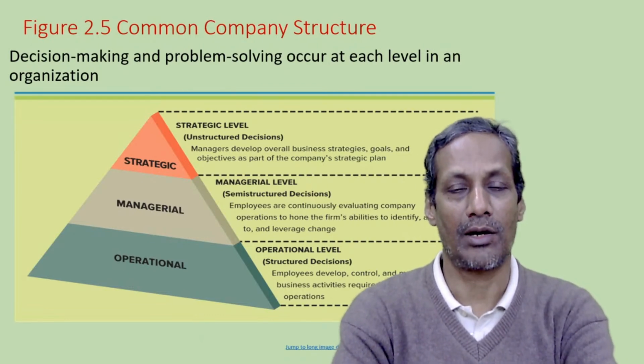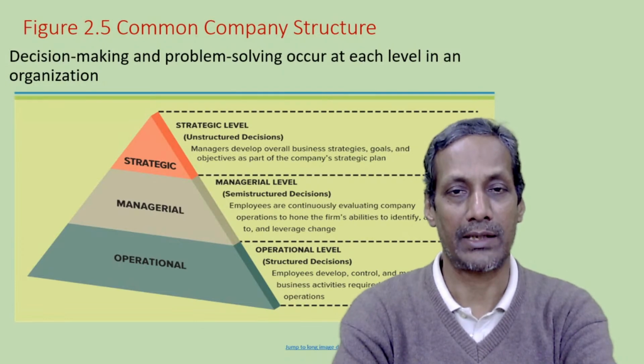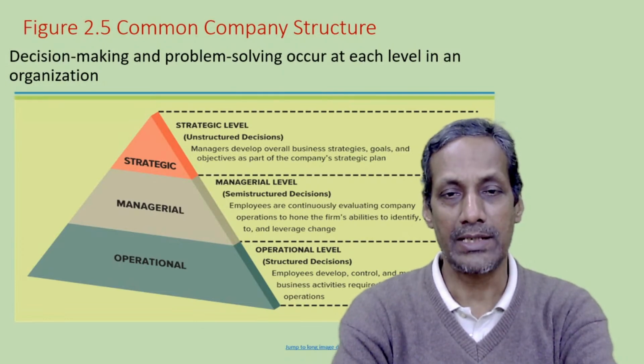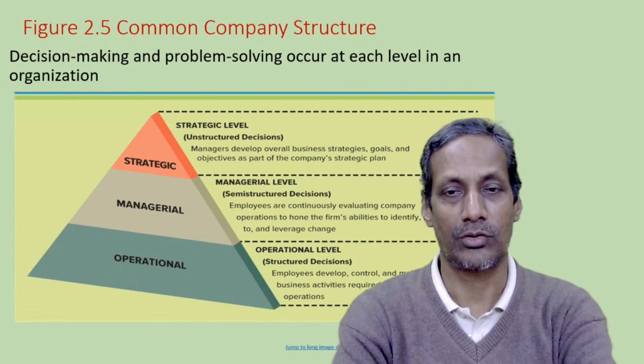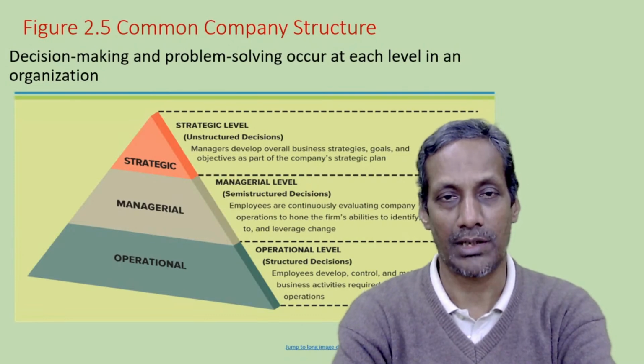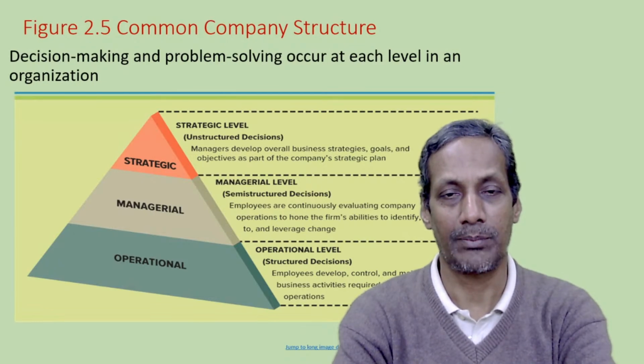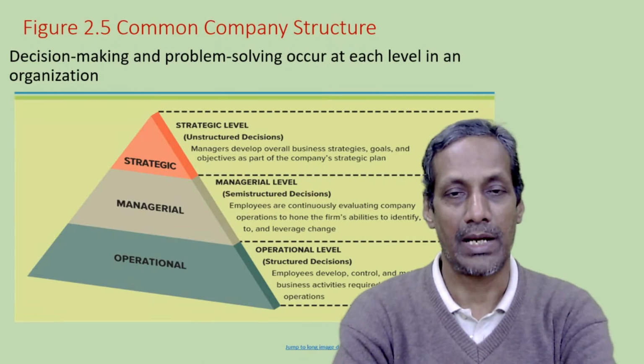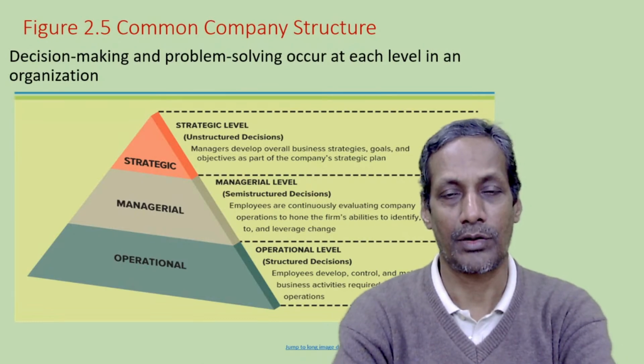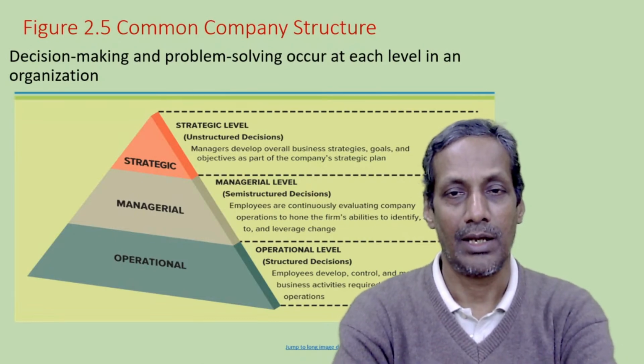The next level of managers, the tactical managers, utilize the reports generated out of the operational level to make semi-structured decisions. They process the data that comes up from the TPS and generate solutions for the decision making at this level.